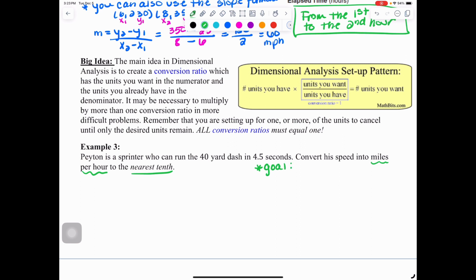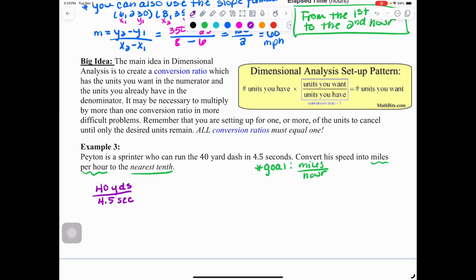We want miles on top and we want hour on the bottom. What we currently have is a 40-yard dash, so 40 yards in 4.5 seconds.